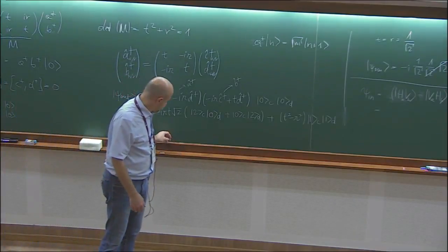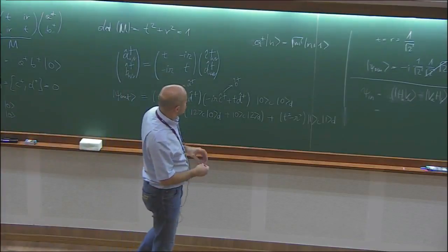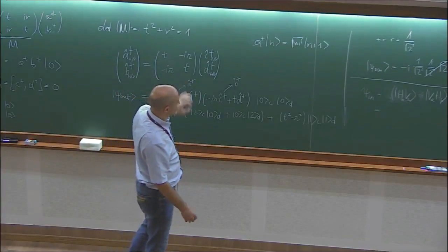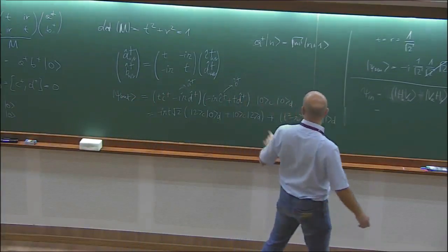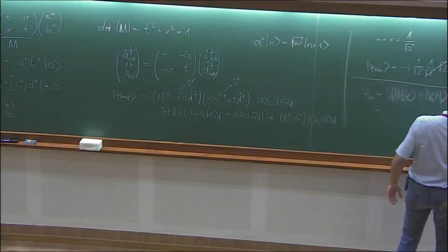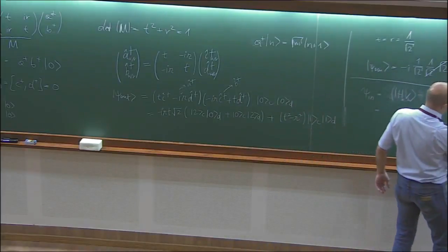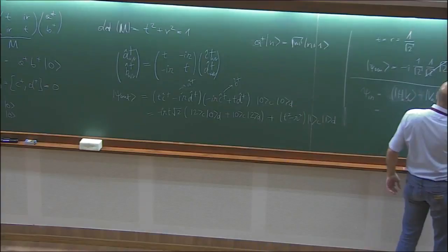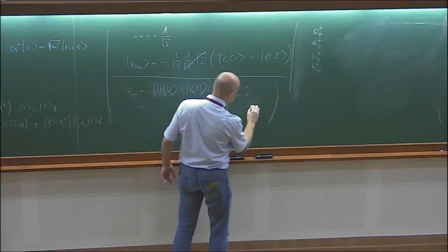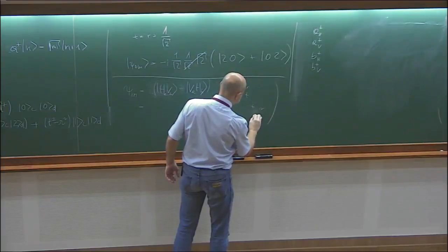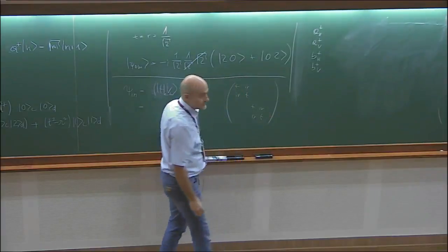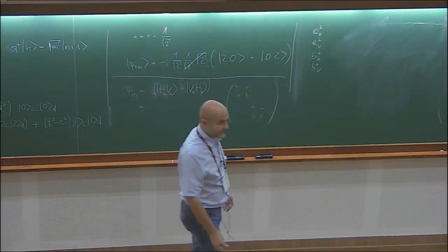Except that I've cheated a little bit, because now this is actually two beam splitters, right? If I were to write the entire matrix here, it would be a 4x4 matrix. Like this.